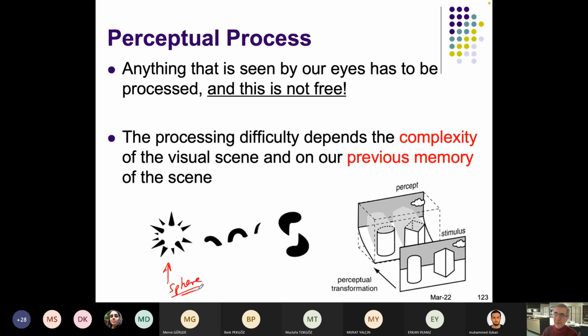Because of the Gestalt laws that we have discussed last time. This one, you probably think that there is a snake on the ground. For this one, you probably think that there is a rectangle in the middle.